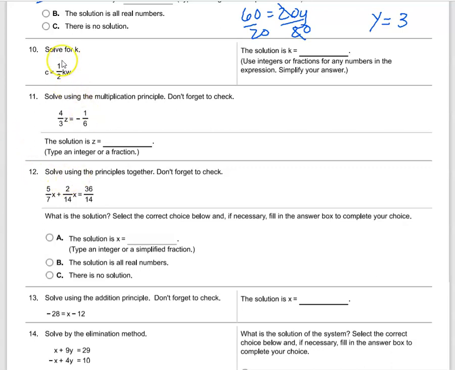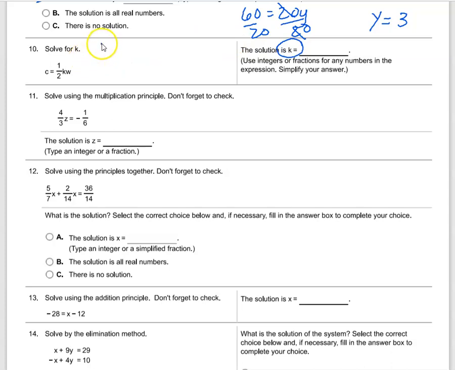Okay, it's wanting us to isolate k in this equation. So right now we have c is equal to 1/2 kw. Well, we can get rid of the 1/2 by dividing by 1/2, which means we're going to multiply by the reciprocal, which is 2 over 1.